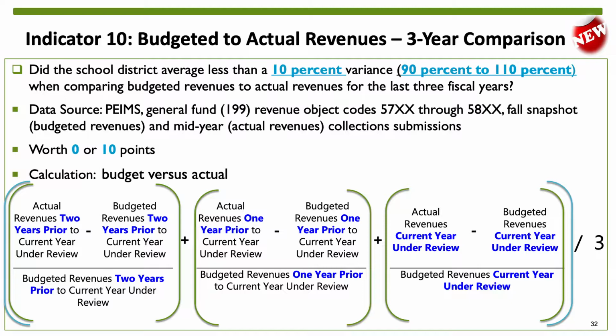If you fail this indicator, can you appeal? Because anything can happen, right? This is just saying, hey, make sure your budgeted and your actual are kind of meeting. That's why it's plus or minus on the percent, 10%.